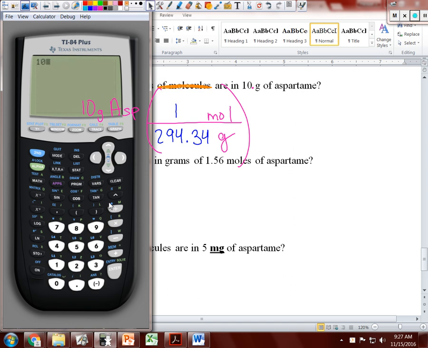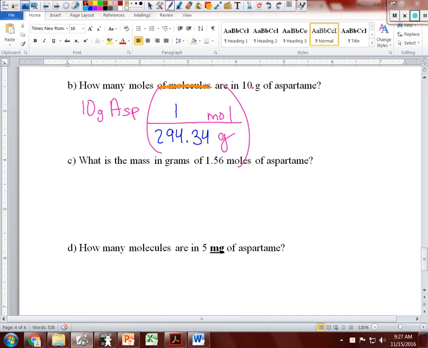Yeah, 10 divided by 294. Yeah. No, this is right. So it's 0.034. Okay. 0.034.